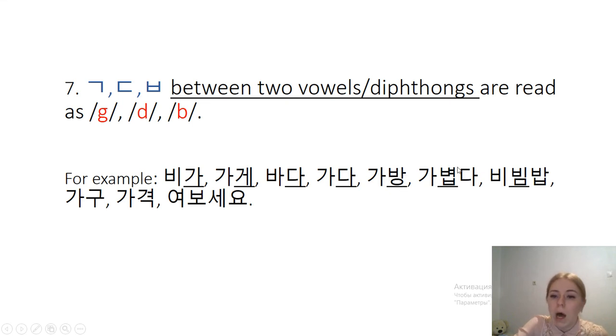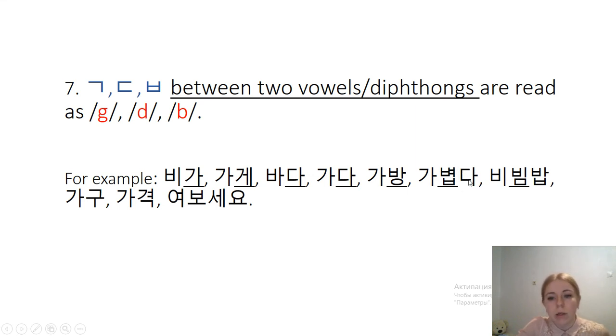가방, 가볍다. 가볍다, there are two p sounds. And here is a and 요, two vowels, so we read 가벼, 가벼. But the p sound in 받침 is in the middle of a vowel and a consonant.